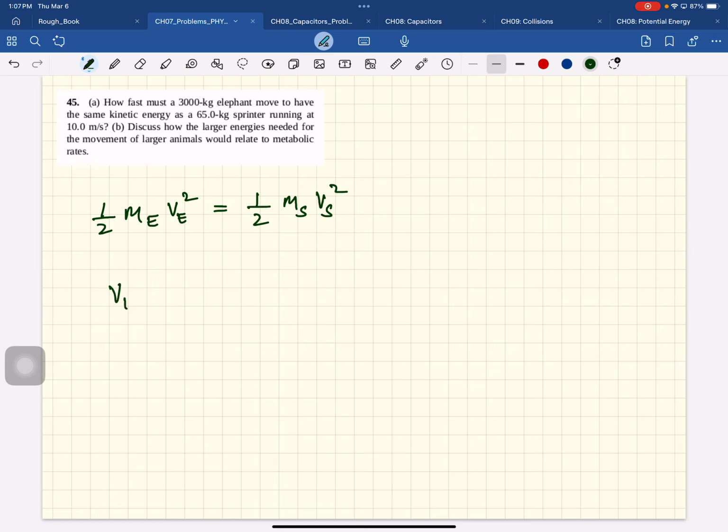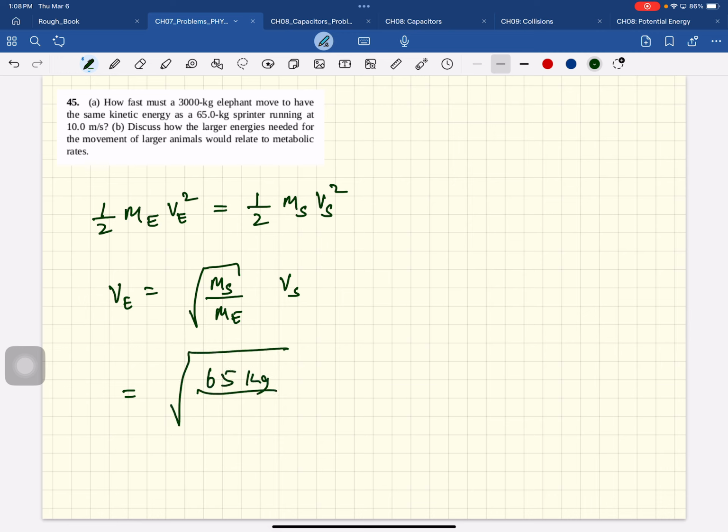So the speed of the elephant is equal to the sprinter's speed times the square root of the mass ratio. Okay, so you bring that there, and then you'd have to take the square root. Square root of that is that. So this is 65 kgs over 3,000 kgs.